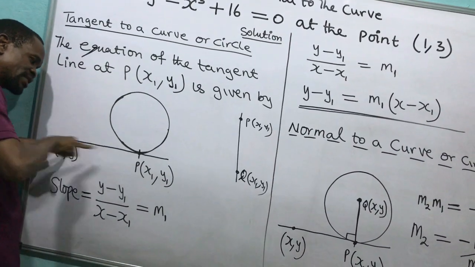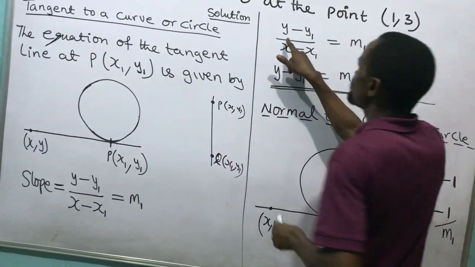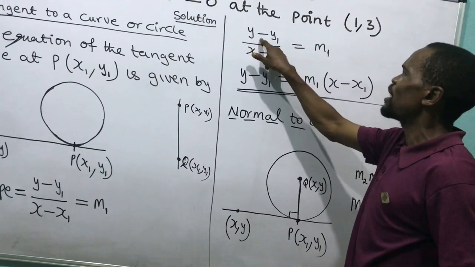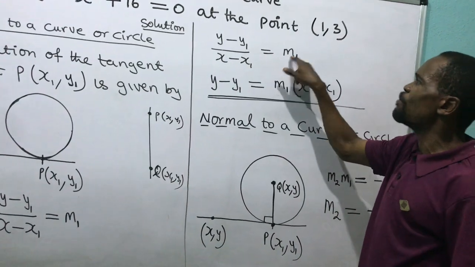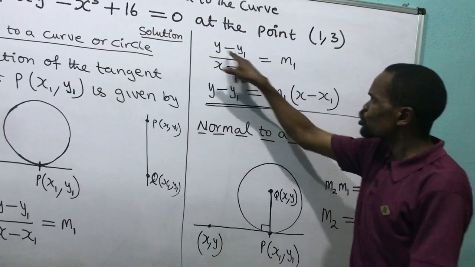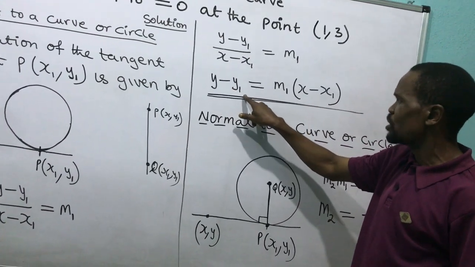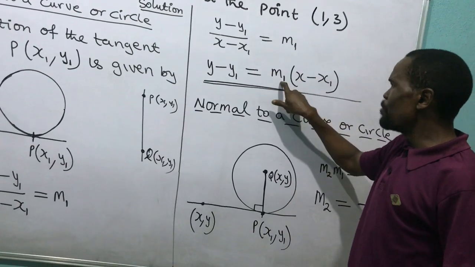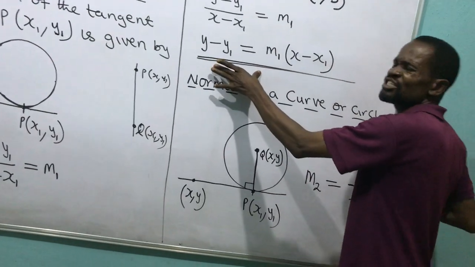So (y - y1) over (x - x1) equals m1, the slope of the tangent line. Then, by cross multiplication, I have y - y1 = m1(x - x1). This is the equation of the tangent.